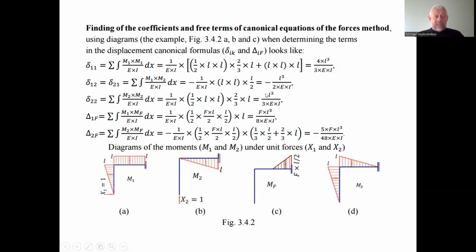And finally, we have the magnitudes of delta lowercase 1,2 and delta 2,1 equal by the reciprocity of displacements, considering the theorem in two directions together. And this is the result.